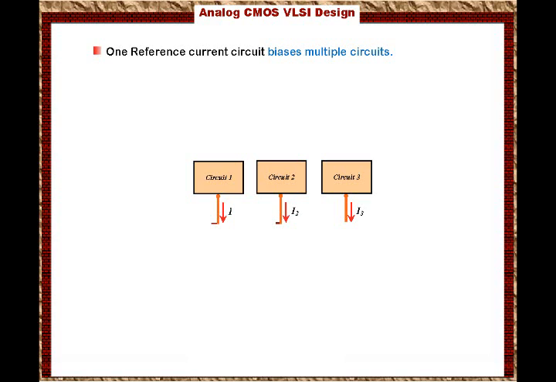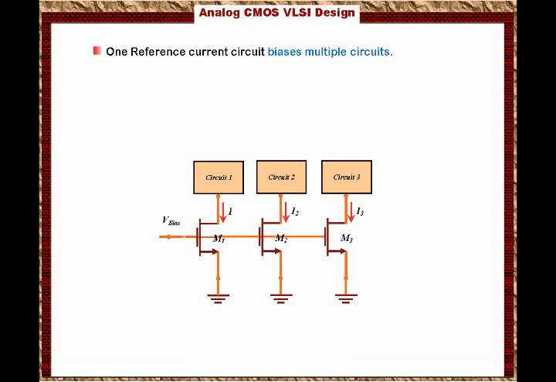Then what we can do is we can have a transistor for each current. So we're going to have M1, M2, and M3 to bias these circuits, where all these transistors are connected to one reference circuit.